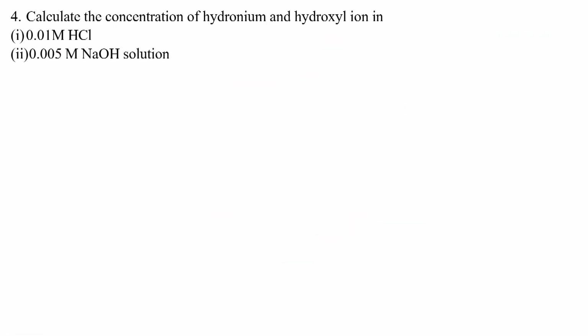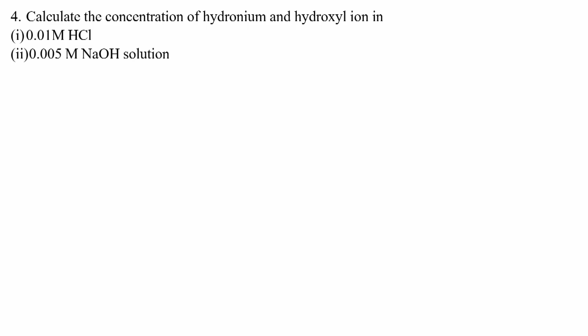Next we move to problem number 4. It says calculate the concentration of hydronium ion and hydroxyl ion in 0.05 molar HCl and 0.005 molar NaOH solution. So first we discuss about HCl.